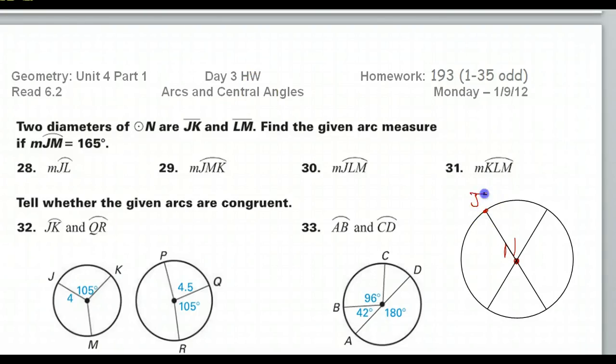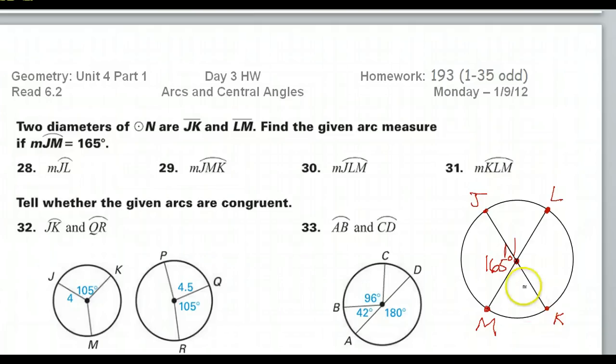So here's J and here's K. And the other one's supposed to be LM. So there's L and there is M. Find the given arc measure if arc JM is 165. So we are given that this is 165 degrees.